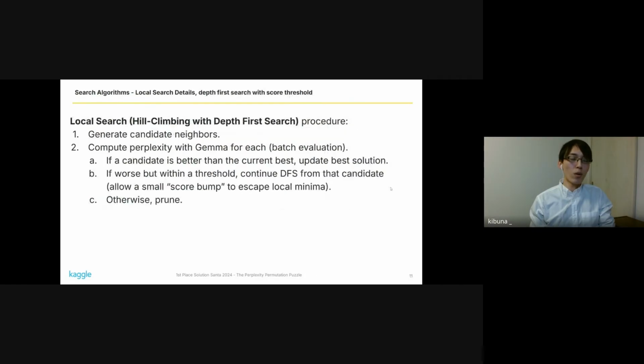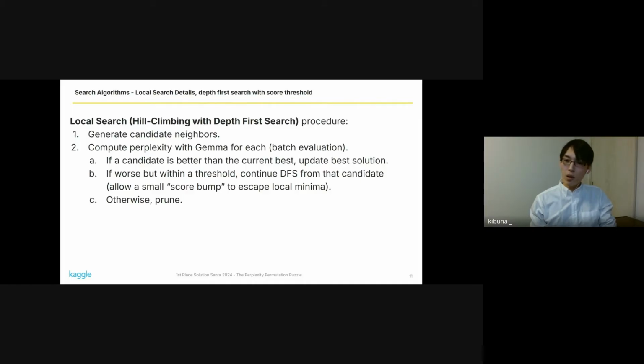And yeah, we enumerated the neighboring solutions using these 2 operations and then applied depth first search for hill climbing or greedy search. Each neighbor was evaluated by Gemma, and if the candidate had a lower perplexity than the current best solution, we accepted it and continued the search.